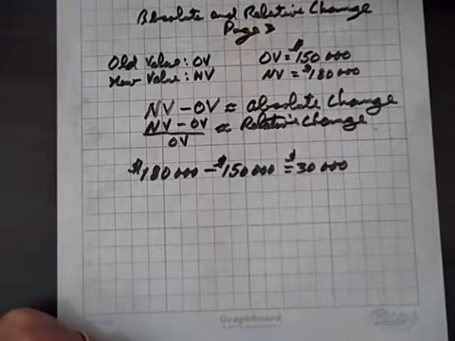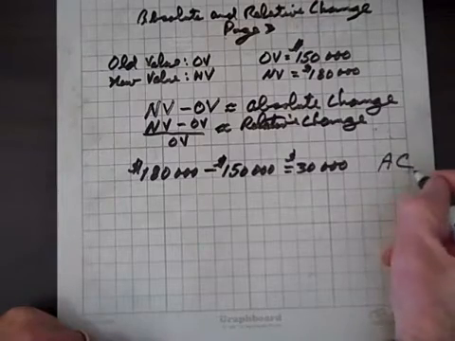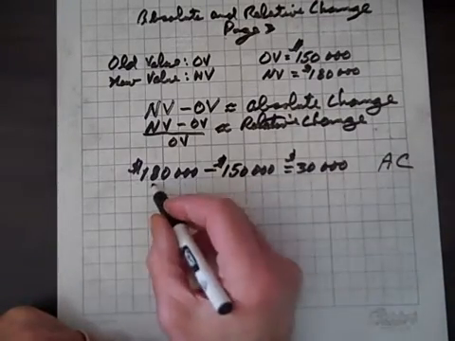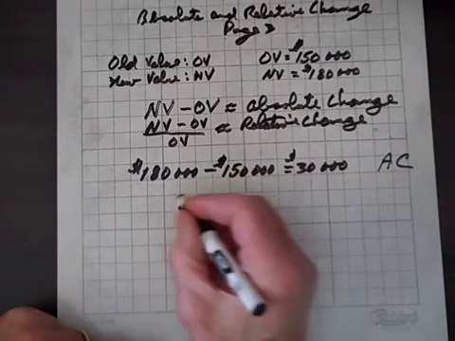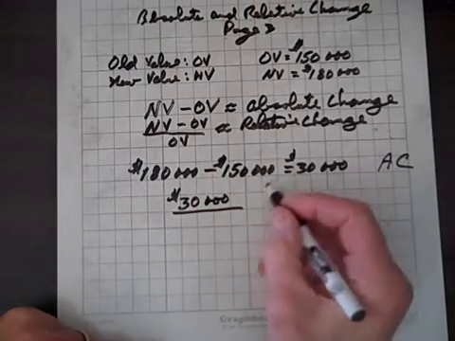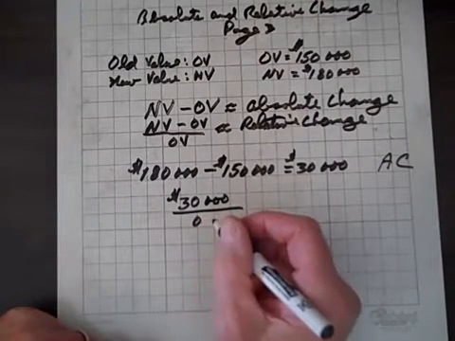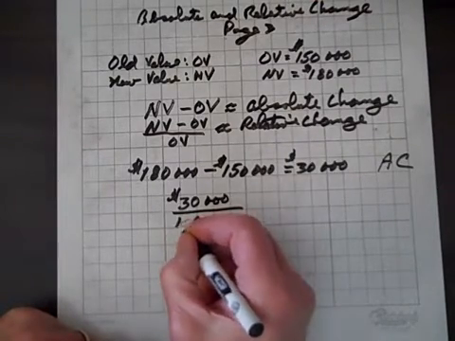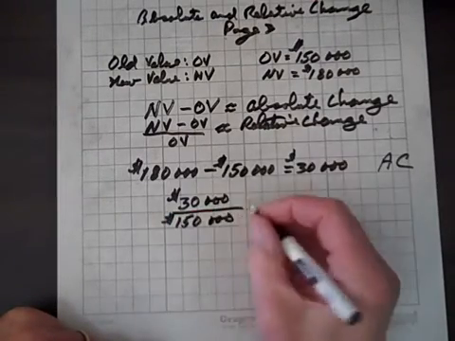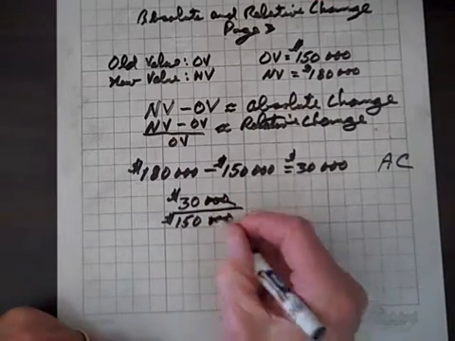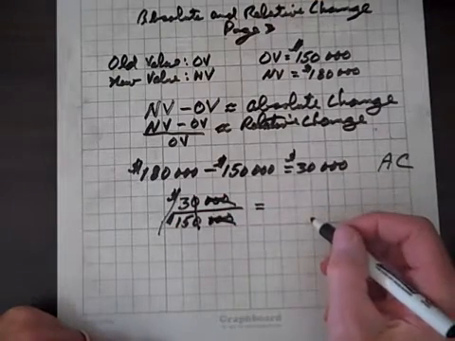Now let's find the relative change. To find the relative change, we take this difference, which is $30,000, and we divide it by the old value, what we initially paid for the house, which was $150,000. As you can see, those zeros divide out, and the dollars, those units, divide out.